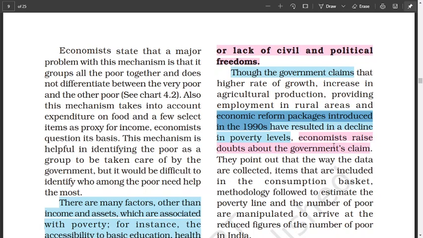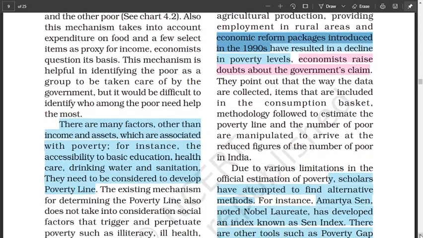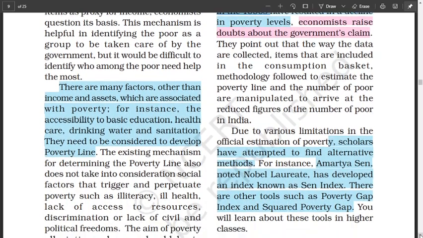But what we need to know is that we have a poverty line, which the government defined through minimum calorie intake, which takes the monthly per capita expenditure of the people. Even though it has weaknesses, it's there to stay. You need to know that. Because of the feeling of the people that this lacks something, there is an individual scholar who has attempted to find alternative methods.